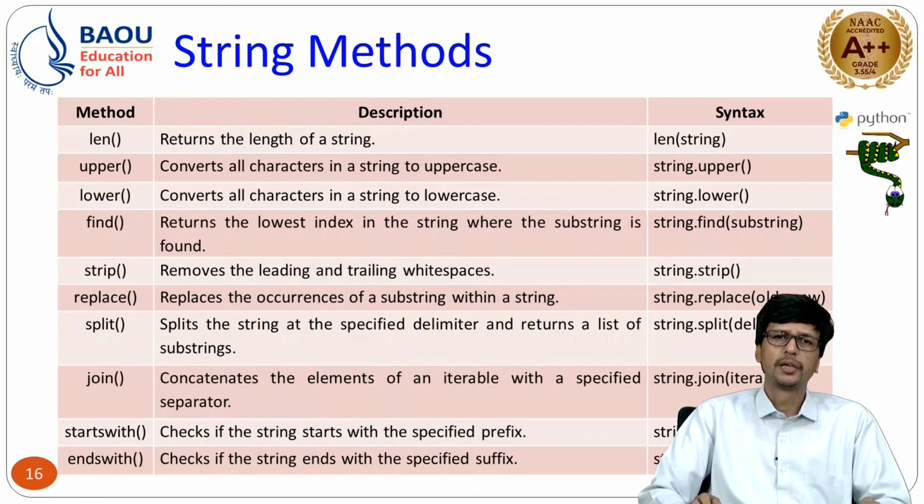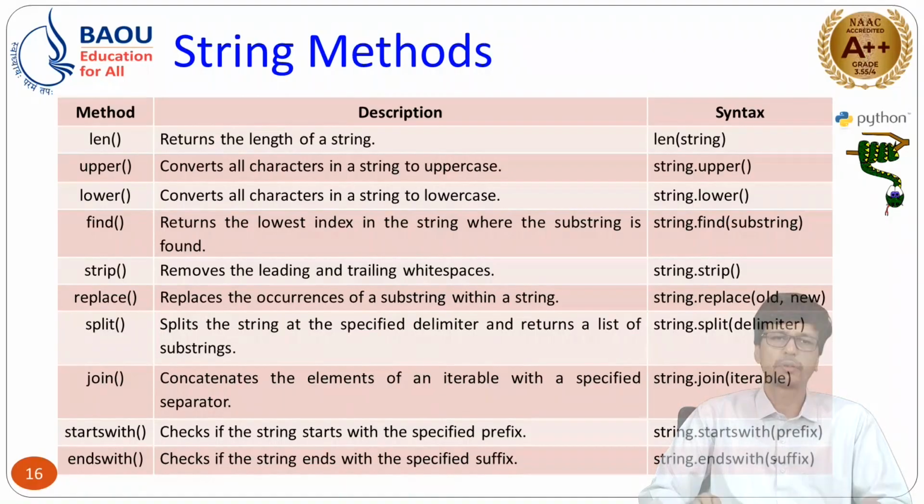Whatever parameter you pass, the first exact match available in the string for that searching criteria, its index position will be fetched by the find function. Then strip: if you want to remove trailing and leading white spaces in the string, the strip function can be used.